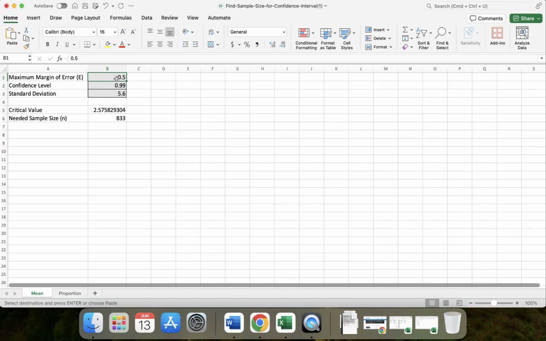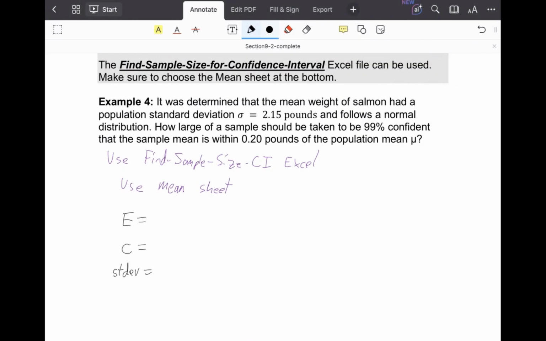That's all right. We have to identify the margin of error, the confidence level C, and the standard deviation S. Let me show you what I'm writing down. I'm letting that Excel file guide me.